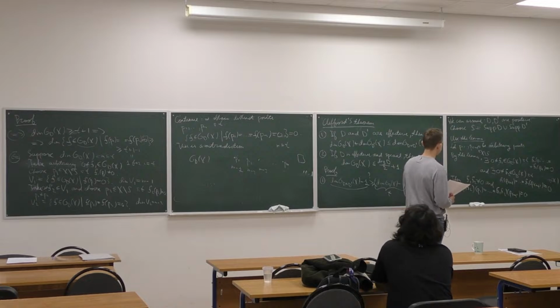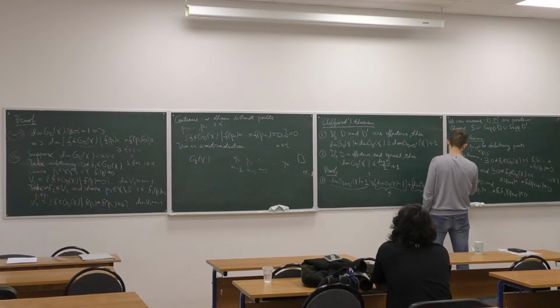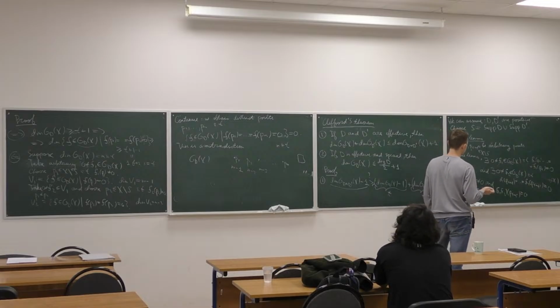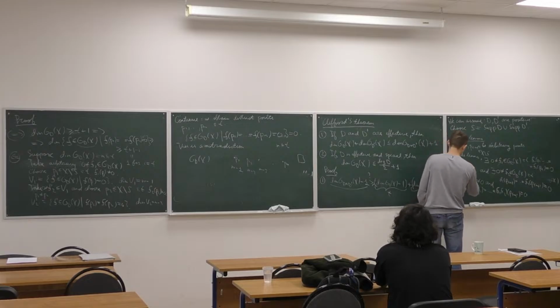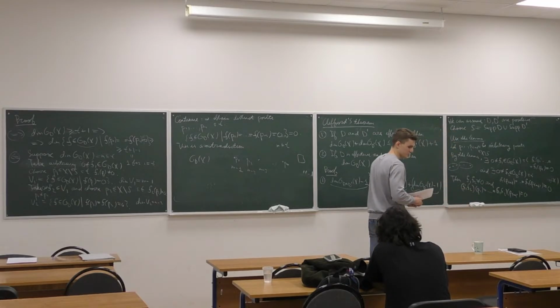So this is all. For any t plus t prime points, you find a function that vanishes at these points. You find the function that vanishes at the first t points, find the function that vanishes at the last t prime points, and then multiply them. And then you get what you want.